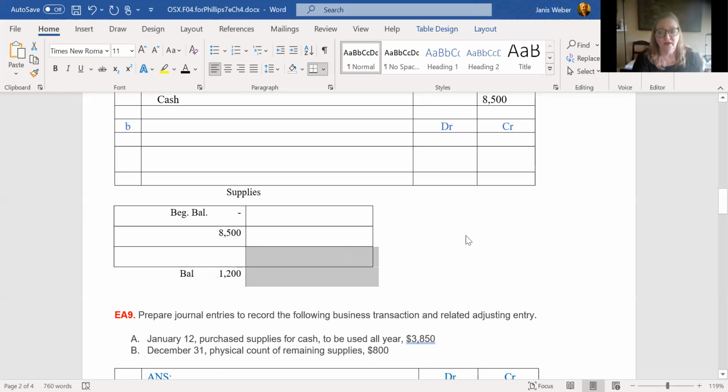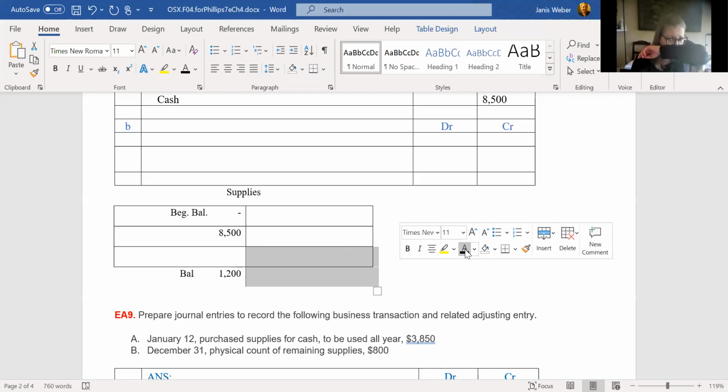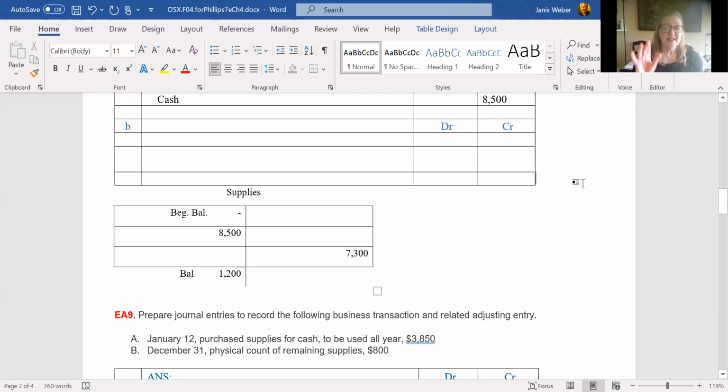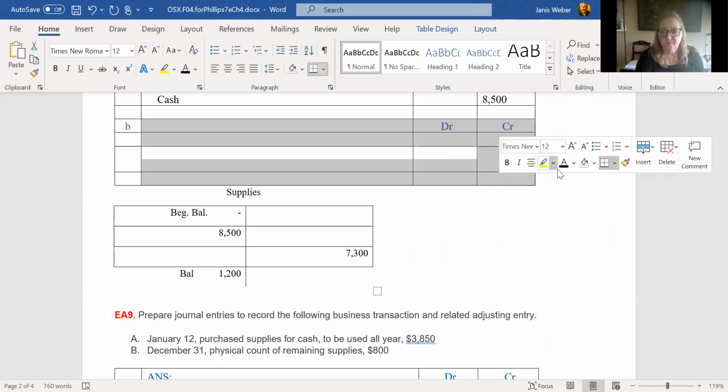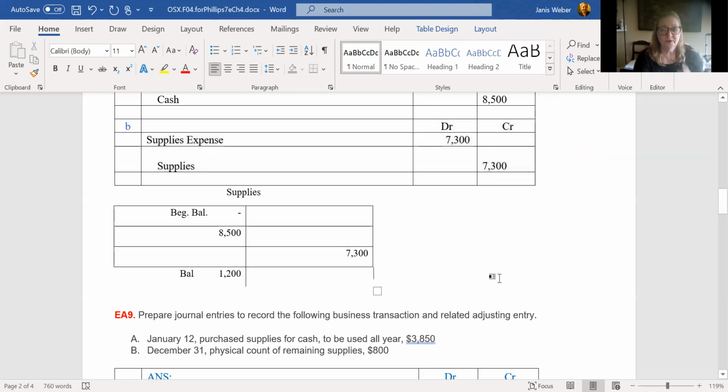So I need an entry that decreases the balance by crediting the supplies account for 7,300. That's what I'm doing, making a journal entry for 7,300, because I need the T account to have an ending balance of $1,200. The only way I can do that is to credit the account by 7,300.